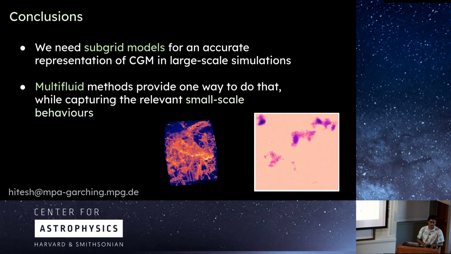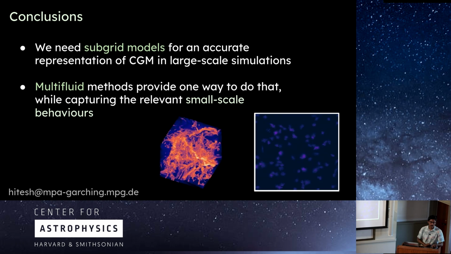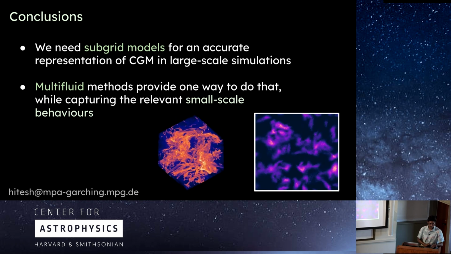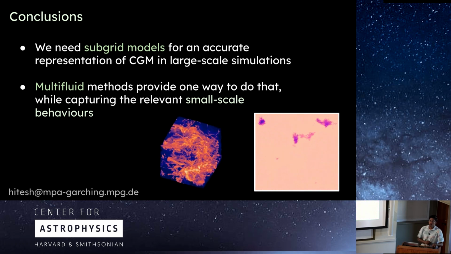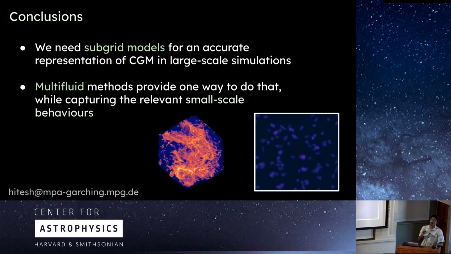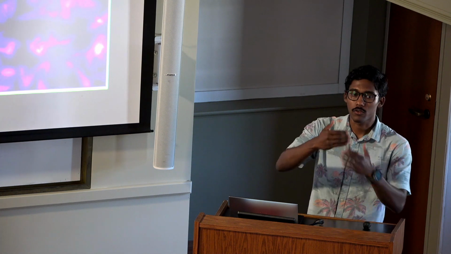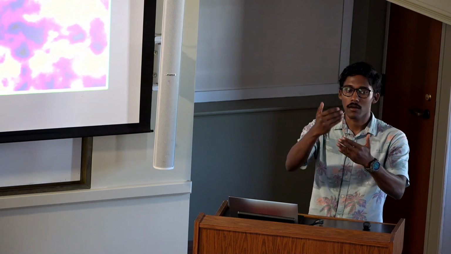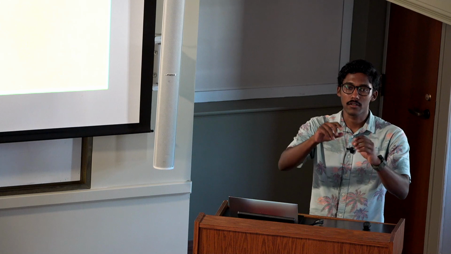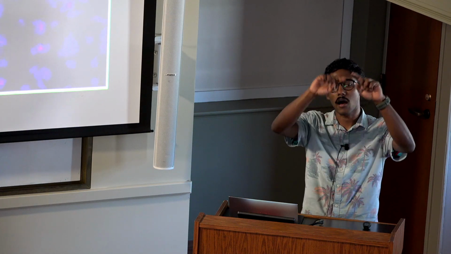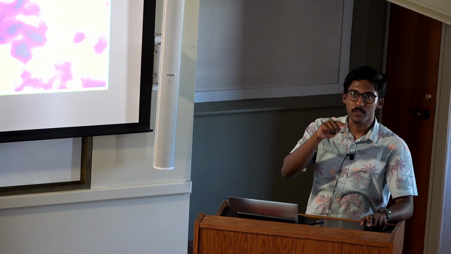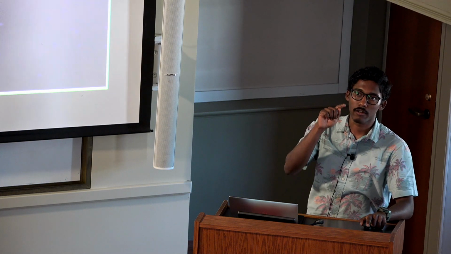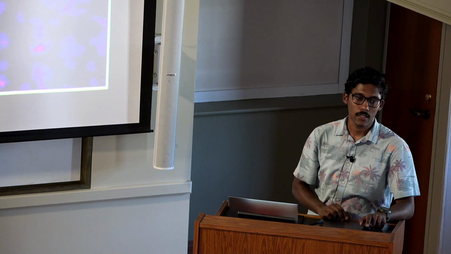Can you zoom out? What are the implications of running such a model in a CDM? So the idea would be that we can run the regular simulation, and you just have two fluids in the CGM, the hot gas and the cold gas, and you can track the cold gas as it goes up and then comes back down, while keeping the destruction and creation of cold gas physical in the whole thing.